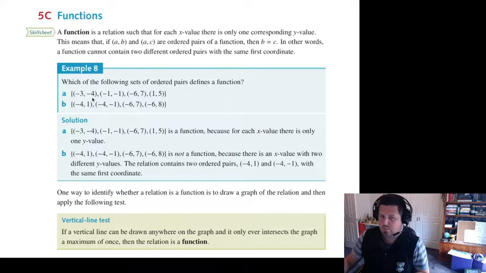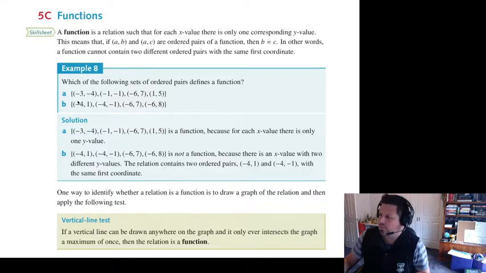They can't have a different y coordinate. Here there's -3, -1, -6, and +1. They are all different, so none have the same x coordinate and we can't even really check. In this case, it is a function.